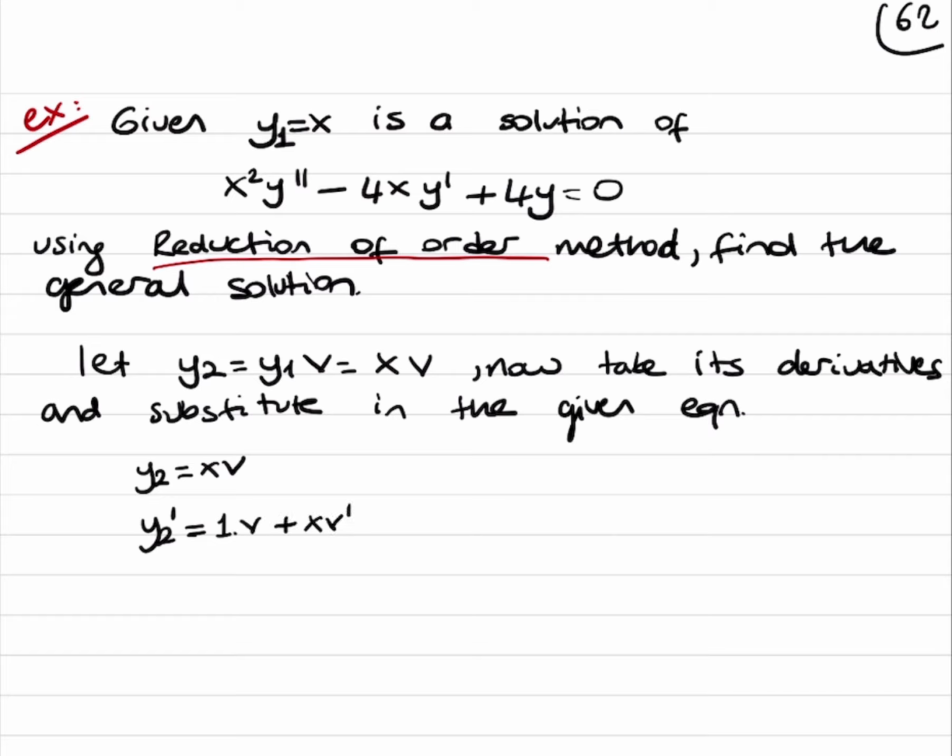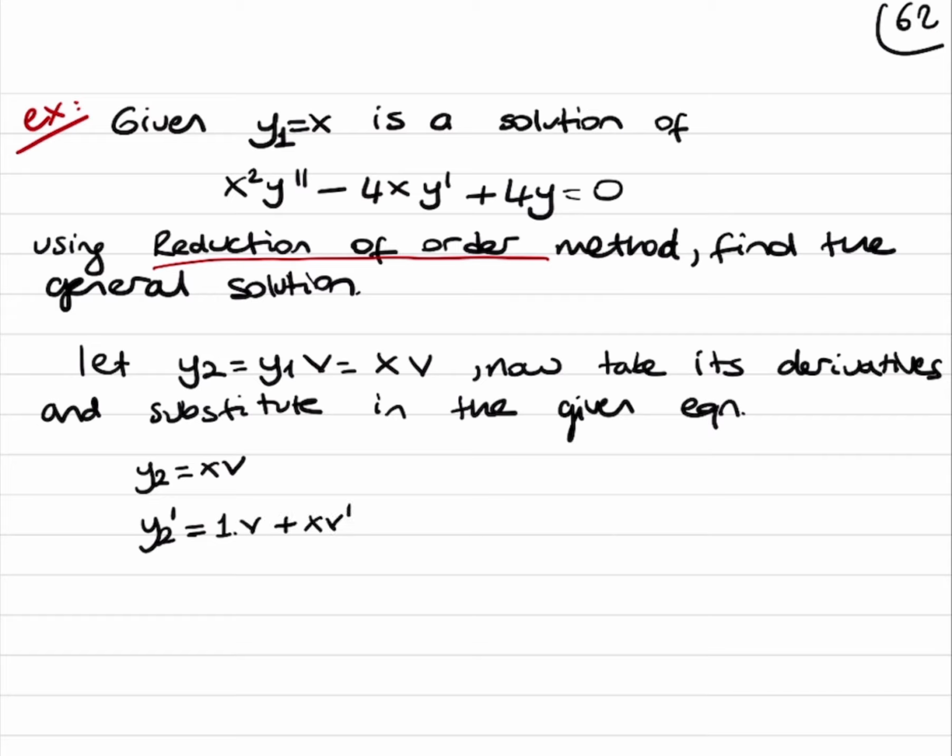And now substitute in x squared y2 double prime minus 4x y2 prime plus 4 y2 is equal to 0, so we assume that this is the second solution.